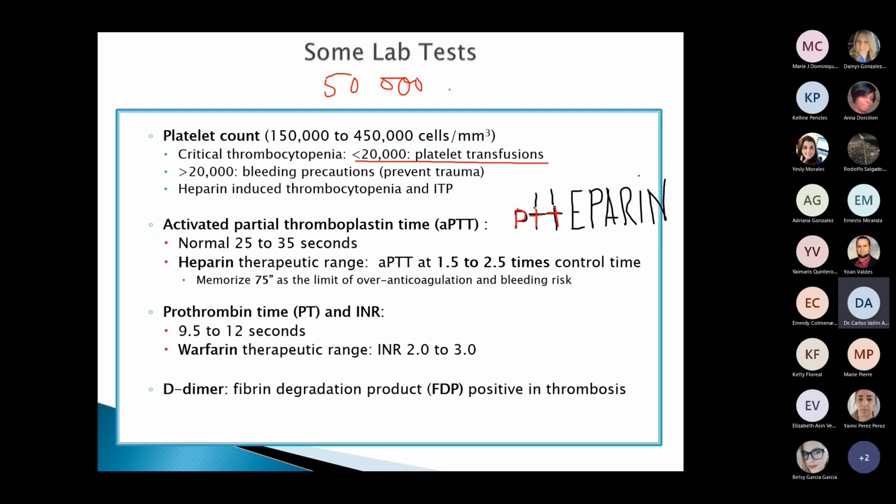If a person is young, to avoid contact sports and any kind of activity that can cause trauma. But if the person has less than 20,000, that is when they need to transfuse platelets, because they can bleed spontaneously. So remember that the most common problem with the platelets.